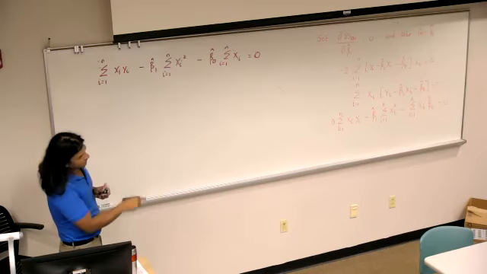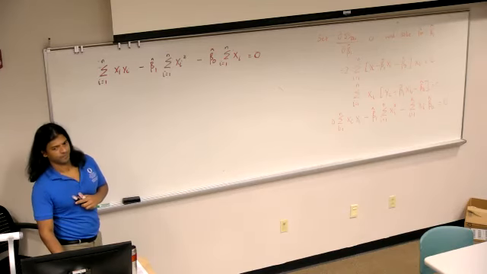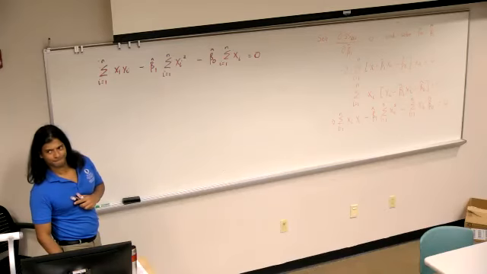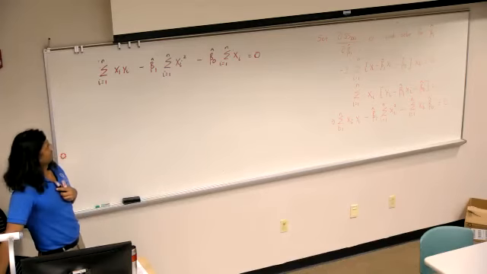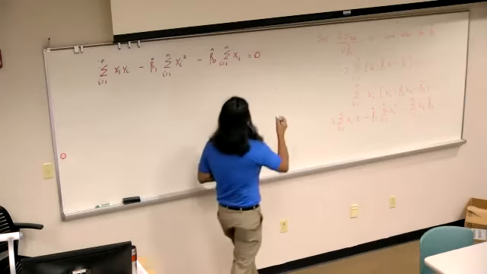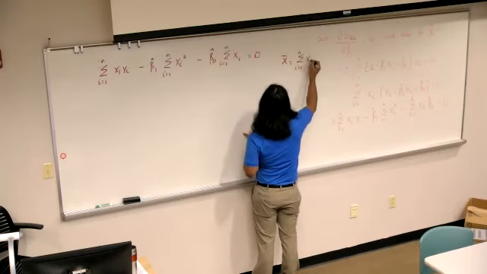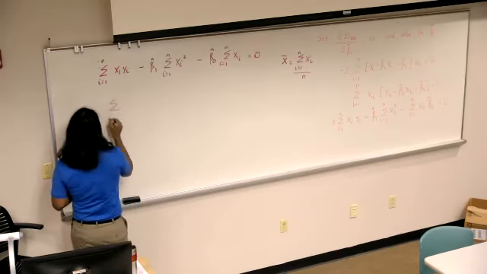I want to rewrite that sum i equals 1 to n xi. How? We did that earlier. So if you recall, x bar is sum i equals 1 to n xi divided by n. So I can rewrite the sum as n times x bar.